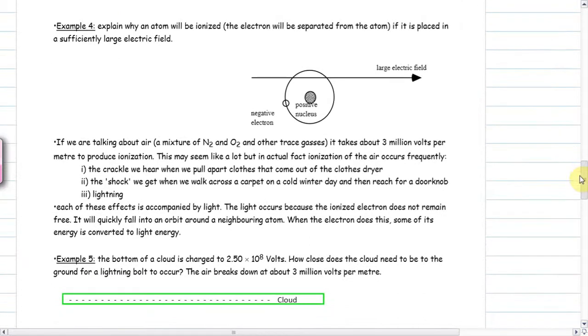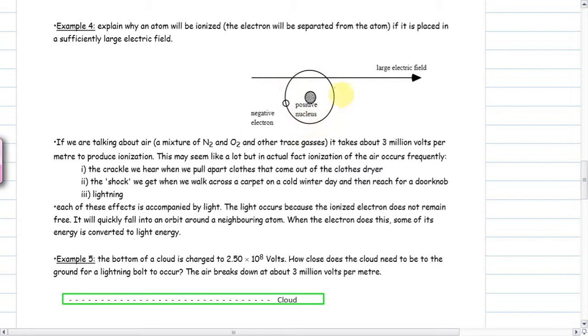Number 4. Explain why an atom will be ionized, the electron will be separated from the atom, if it is placed in a sufficiently large enough electric field. So we have an atom. It's neutral. It has a positive nucleus, but a negative electron going around it.